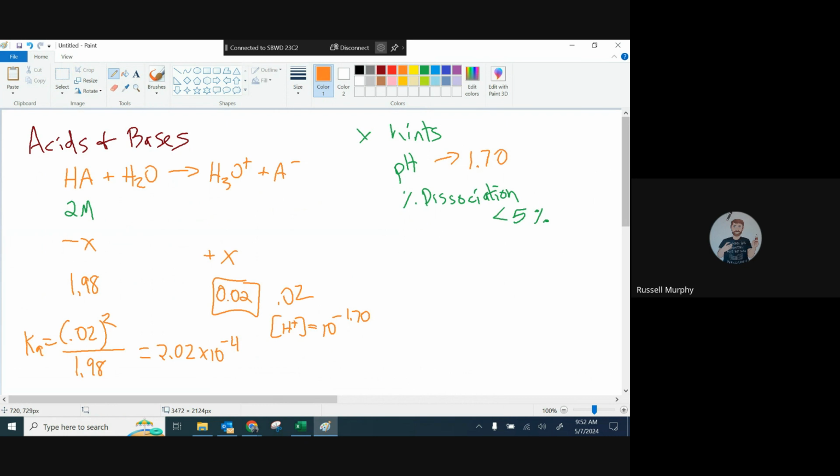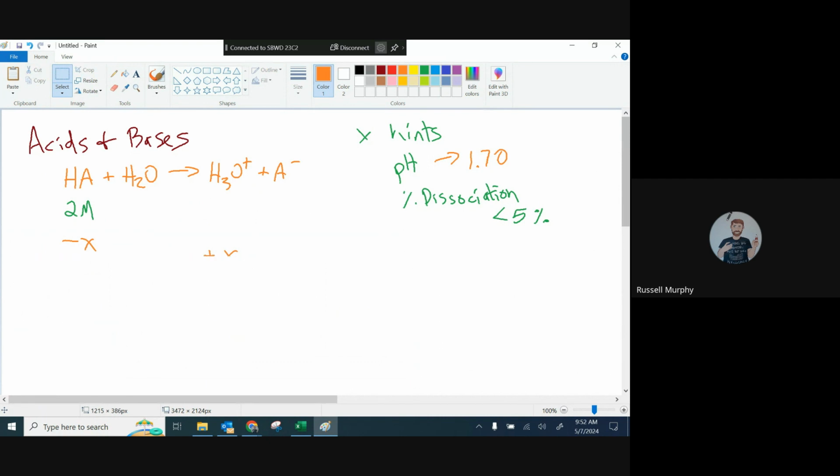All right, and for our last trick, it's where they give us a Ka, and we have to solve for the equilibrium values. So in this case, we know that Ka can be equal to x times x over 2 minus x.